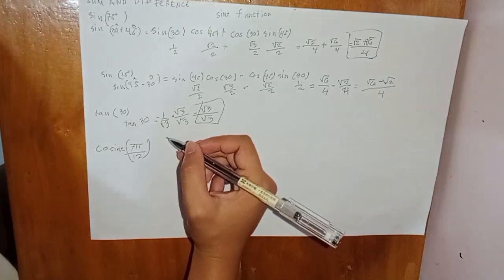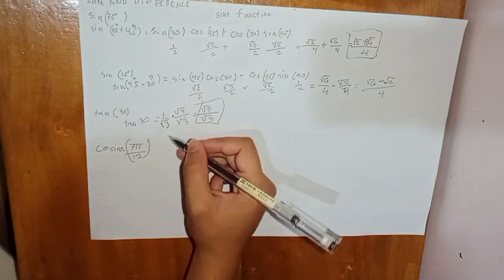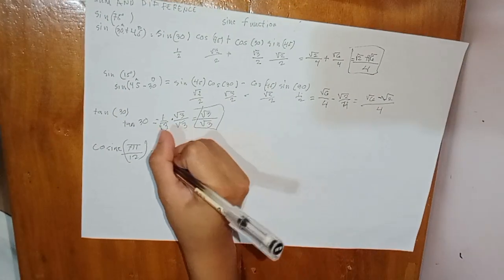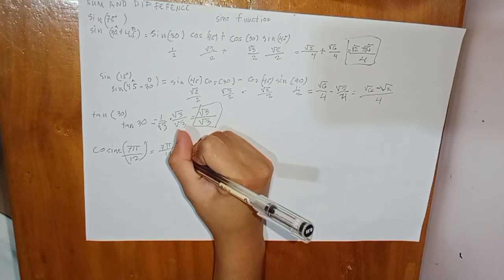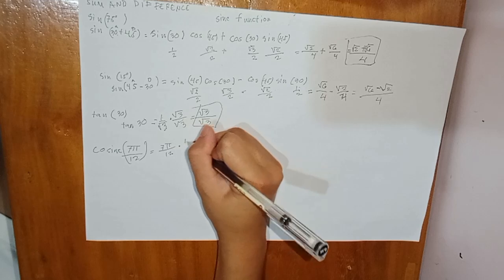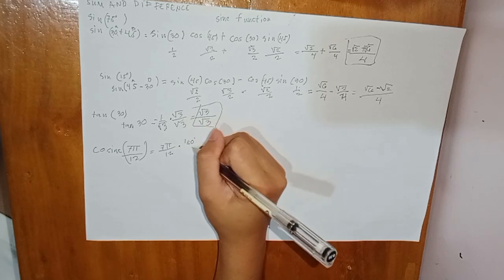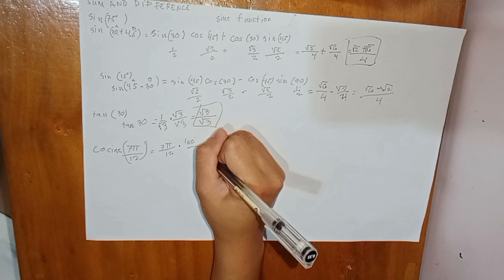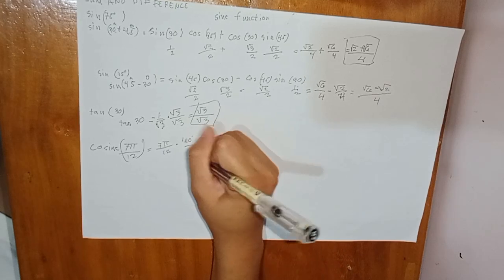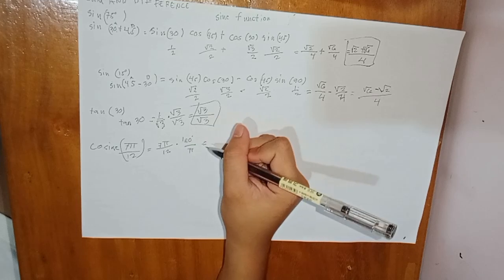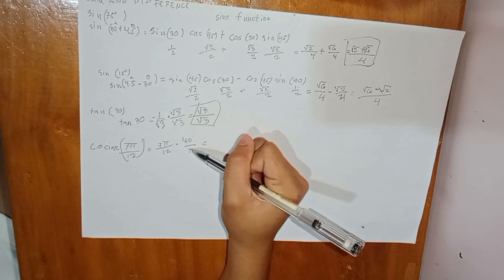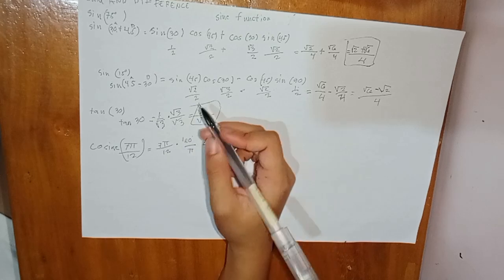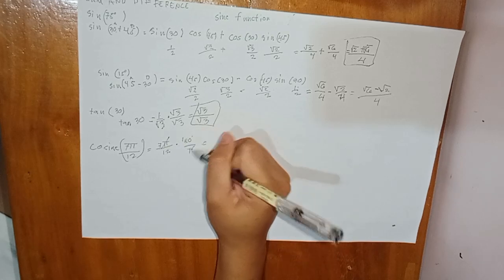To do that, we need to multiply by 180 degrees over pi. So 7 pi over 12 is multiplied by 180 degrees over pi, so the pi cancels because they are the same.